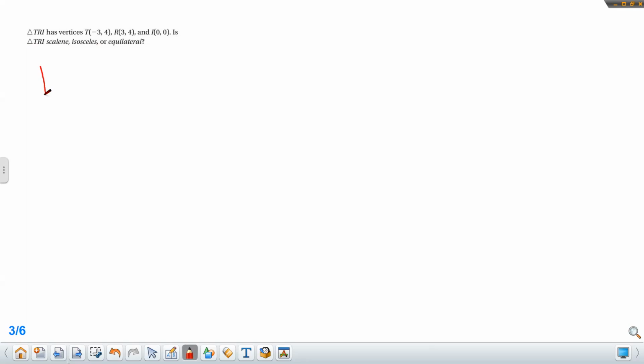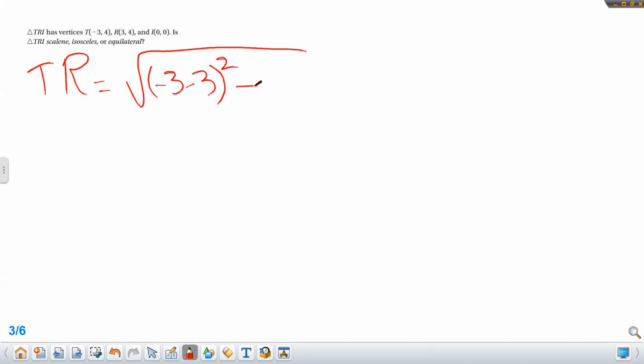So I must find TR first using the distance formula, square root of (x1 minus x2) all to the power 2 plus (y1 minus y2) all to the power 2. You can evaluate that. It will be 6.